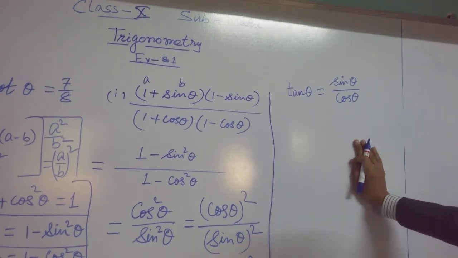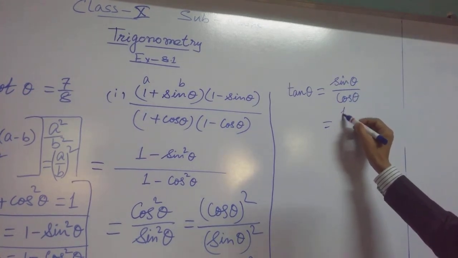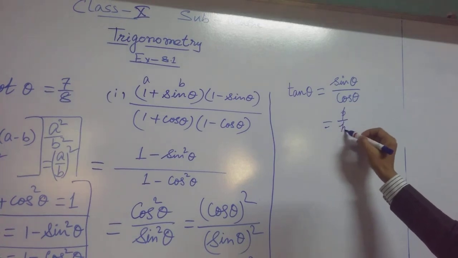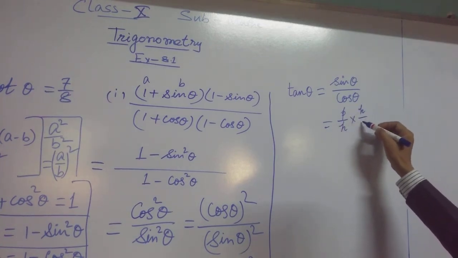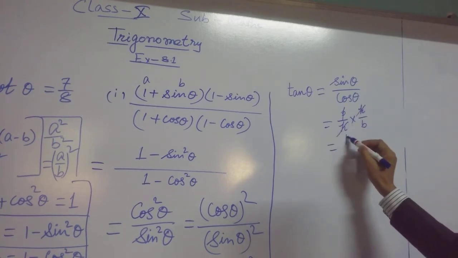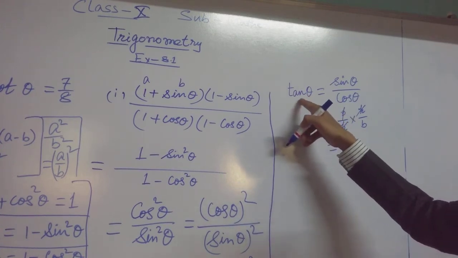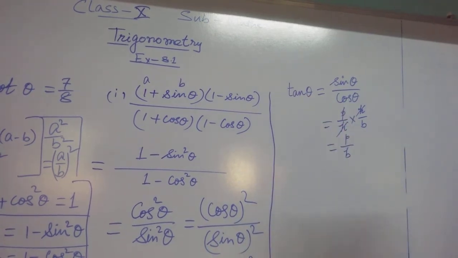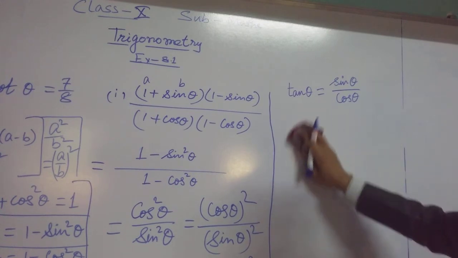Even if you don't know this relation, you can derive it, because sin theta is perpendicular by hypotenuse, and 1 by cos theta will be hypotenuse by base. Hypotenuse cancels, so you are left with P over B, which is the definition of tan theta. So that's why tan theta is written as sin theta over cos theta.